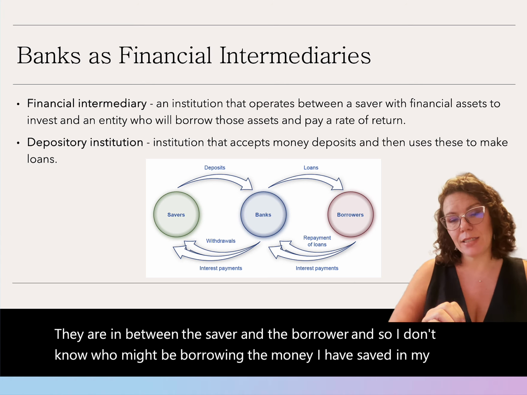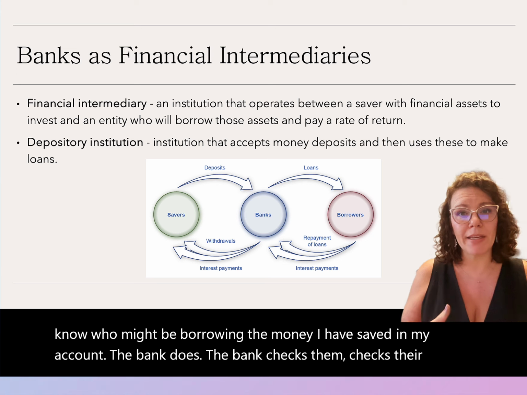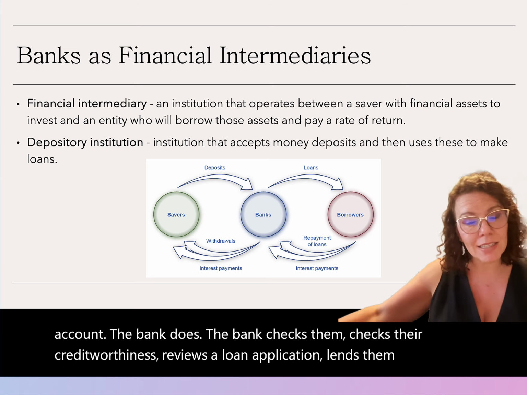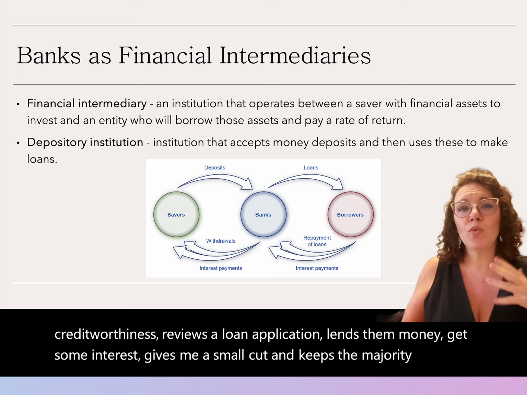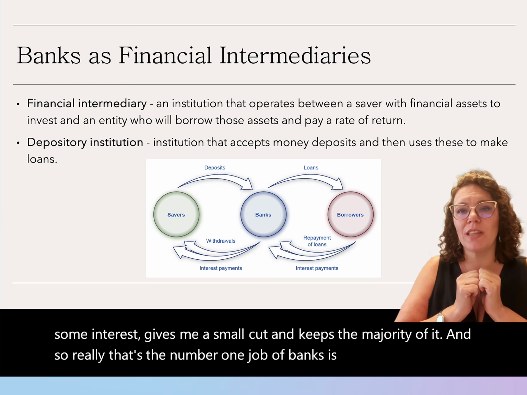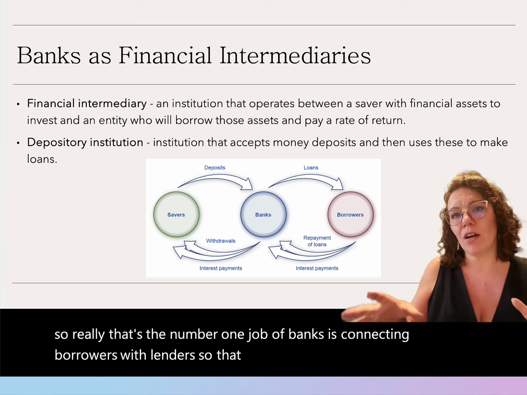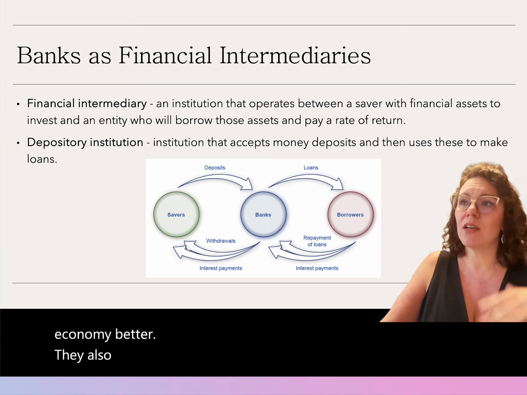The bank does. The bank checks their creditworthiness, reviews a loan application, lends them money, gets some interest, gives me a small cut, and keeps the majority of it. And so really, that's the number one job of banks, is connecting borrowers with lenders so that money does flow through the economy better. They also hold deposits so that they can make those loans.